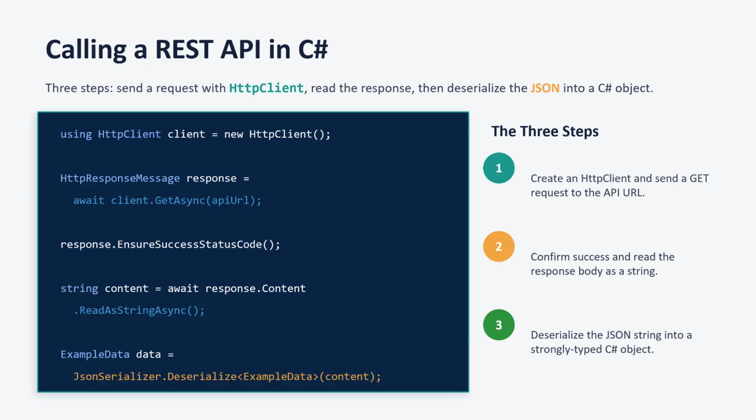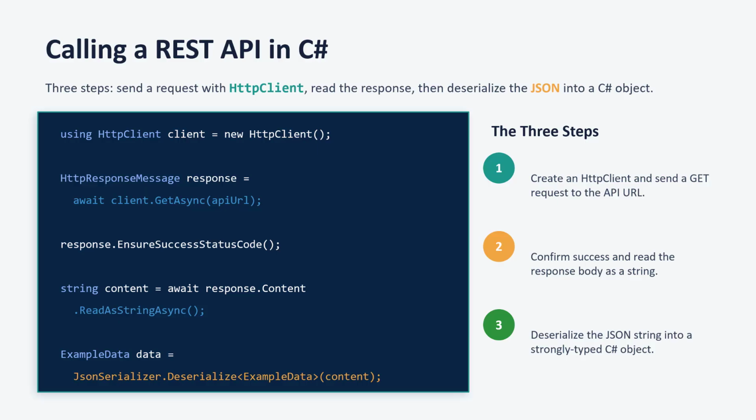So the final step, and this is the step a lot of new developers find a little magical the first time, we take that string of usually JSON text and we deserialize it directly into a C# object using the JsonSerializer.Deserialize method.